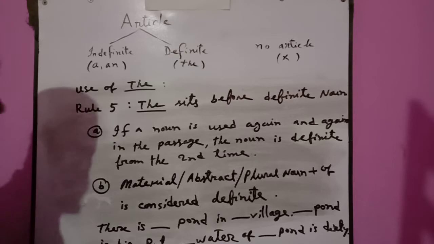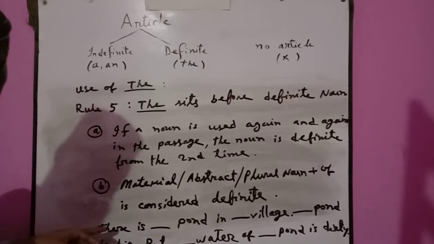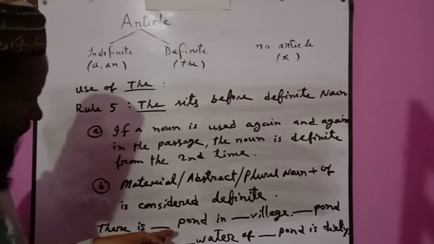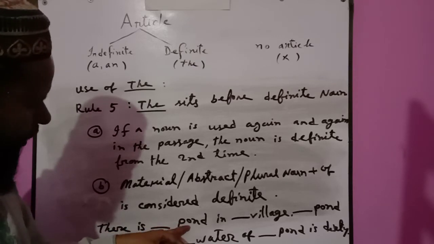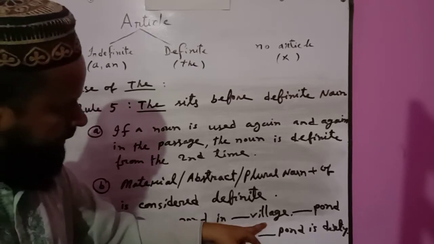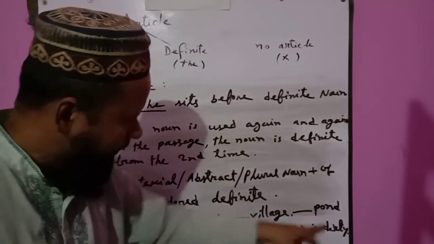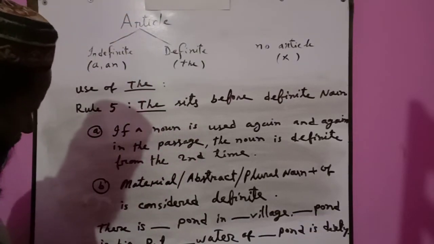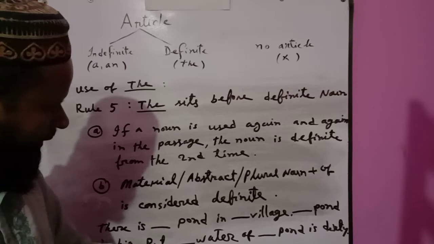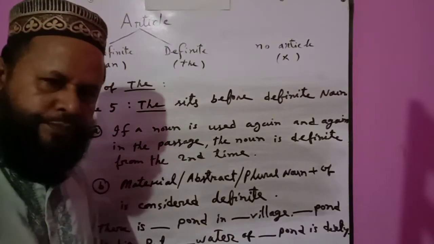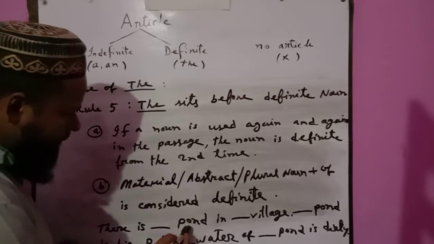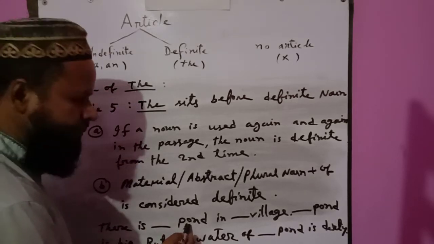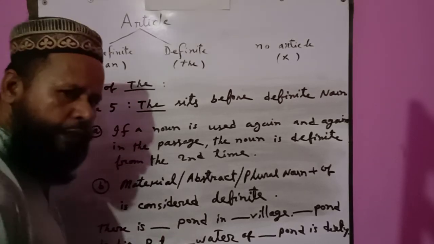Can you fill in the gaps? There are many nouns in the passage: pond, village, pond, water, pond. Pond, the word pond for the first time. So this noun is indefinite.